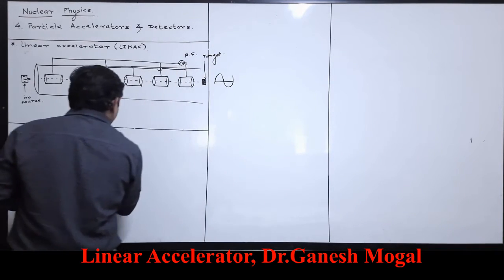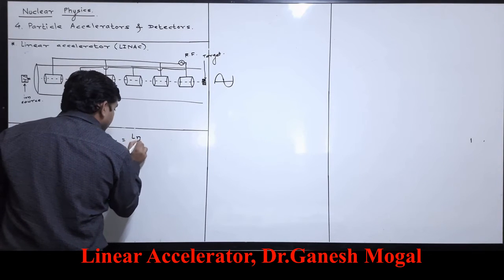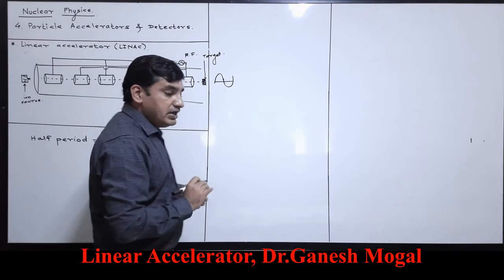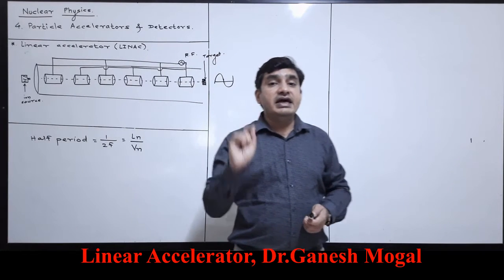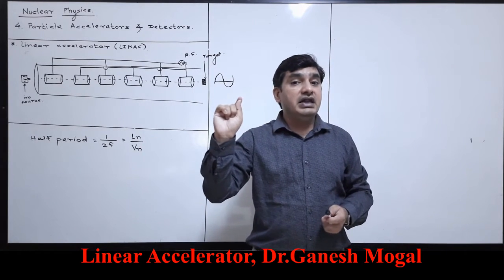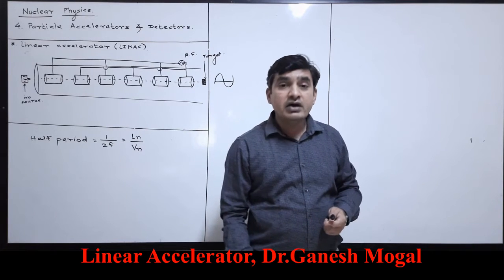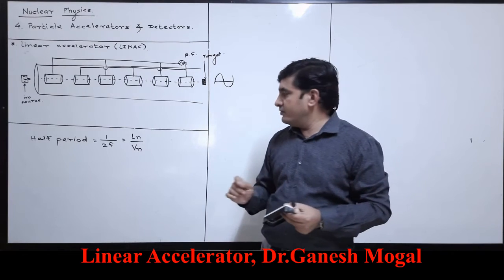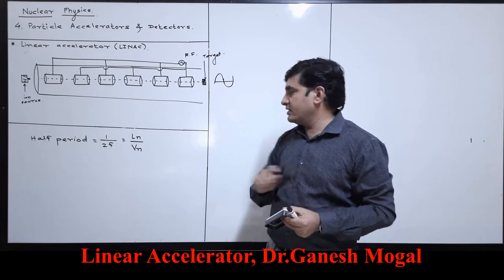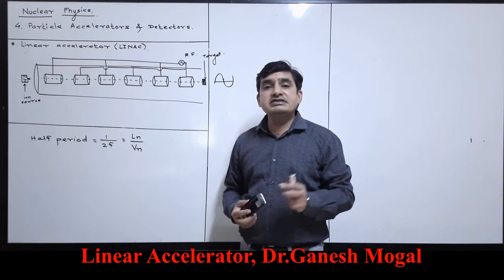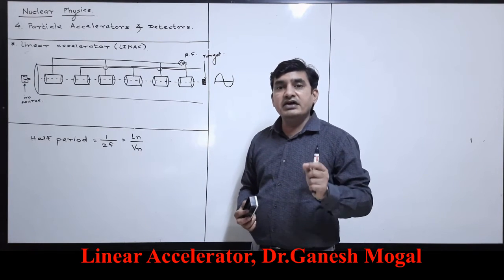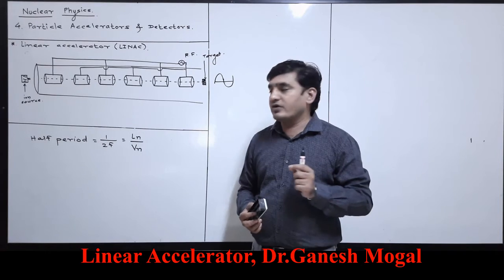It is equal to ln upon Vn, where ln is the length of the nth electrode or nth cylinder, and Vn is the velocity of the charged particle in the nth electrode.